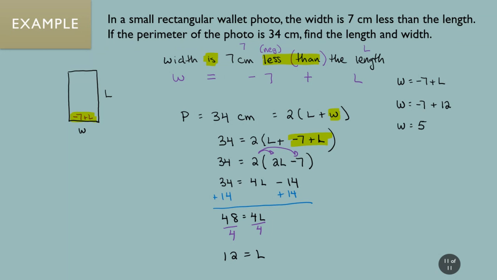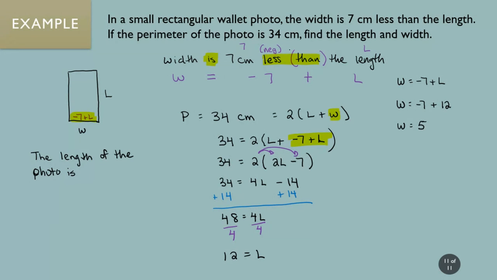Now, when we have a word problem, we want to write our answers in a sentence using the correct units and everything so that it makes sense and you're not just saying the answers are 5 and 12. So we would say the length of the photo, so that it's in context. It should go back to what the original problem was. The length of the photo is, and we have to make sure we have units.